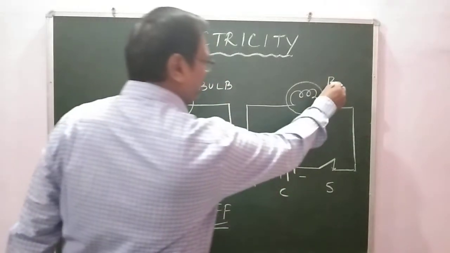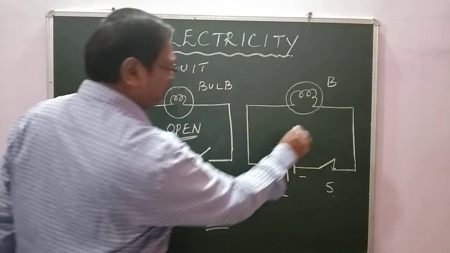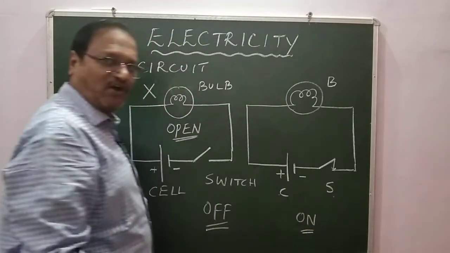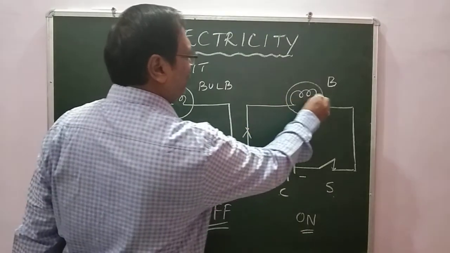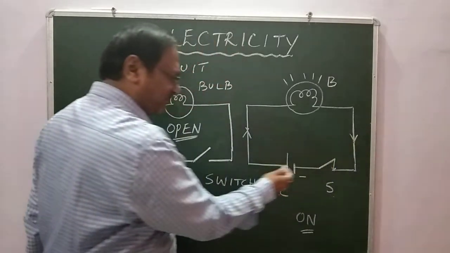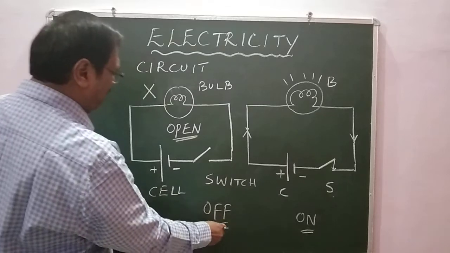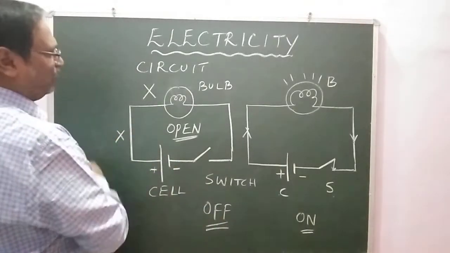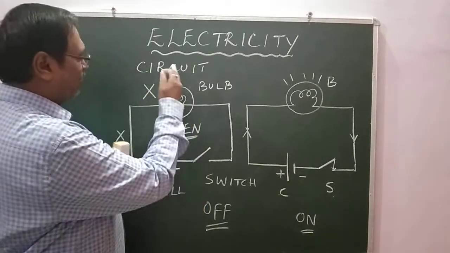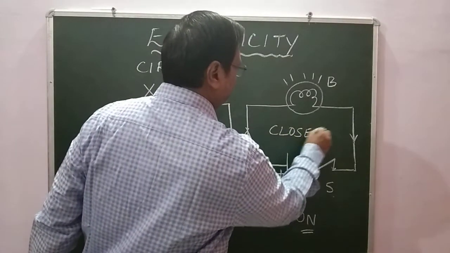Now here the switch is on. When switch is on, the electricity will flow and the bulb will glow and the current will flow. When the switch is off, current will not flow and bulb will not glow, and that is called open circuit, and this is called closed circuit.